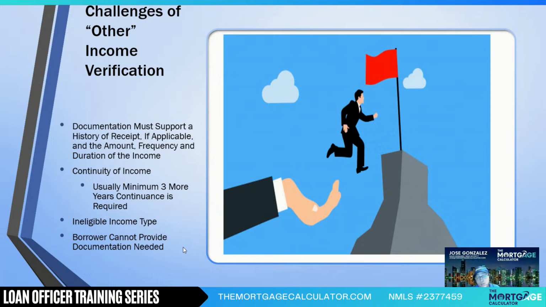That's one of the more difficult ones. And usually the requirement is to be able to document a minimum of 3 years continuance of this other, quote unquote, income. So continuity, continuity of the income.